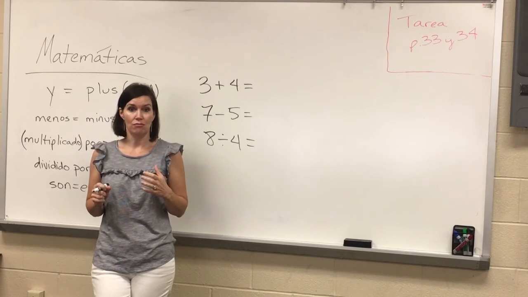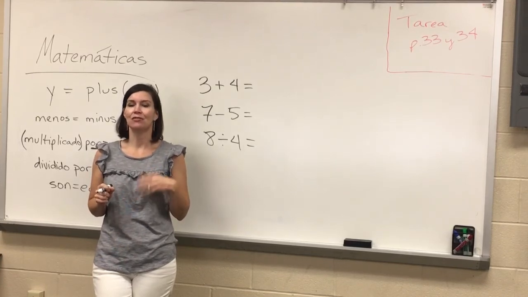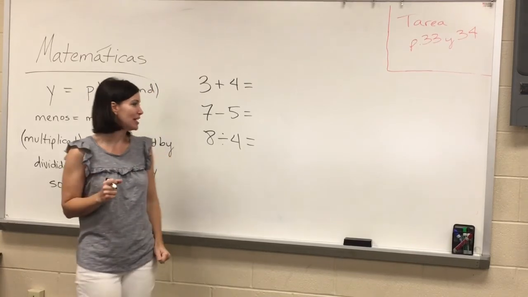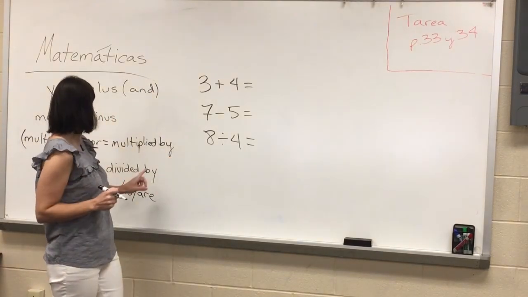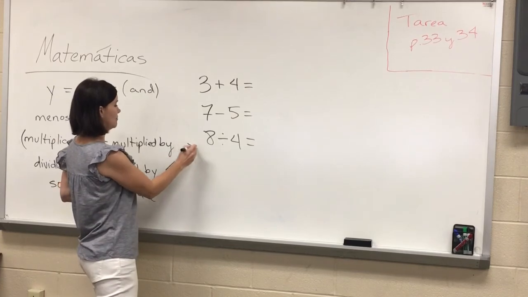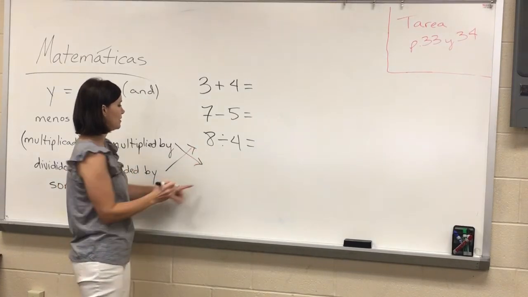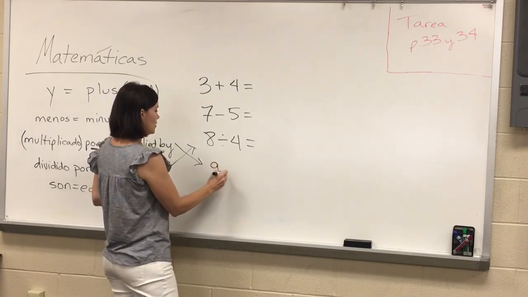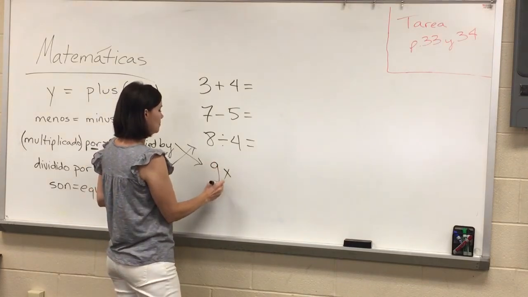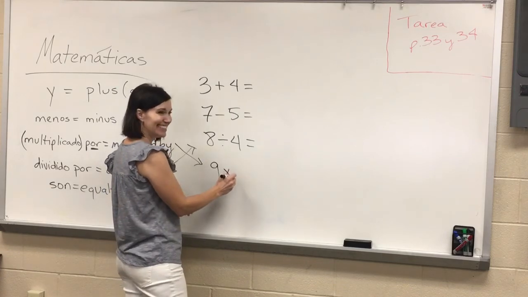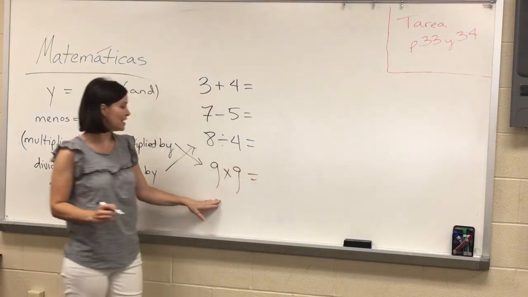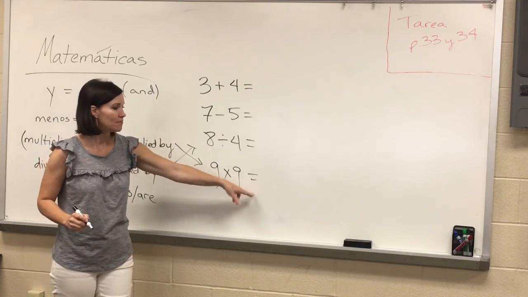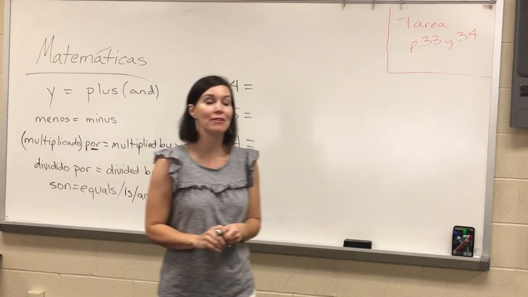So dividido, everybody? Muy bien. Okay, and then let's do multiplicado. Let's do 9 times 9. All right, we'll do that one. Okay, how would you say this? You guys are good. 9 por 9 son.